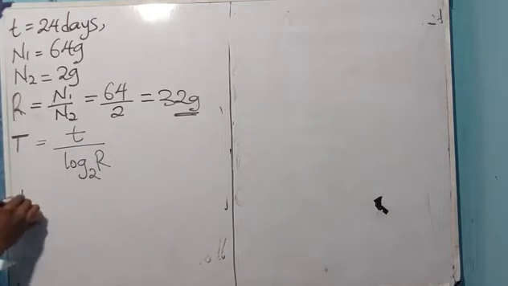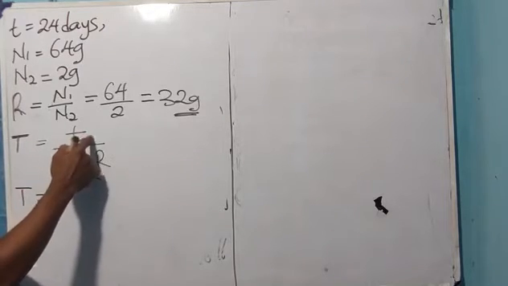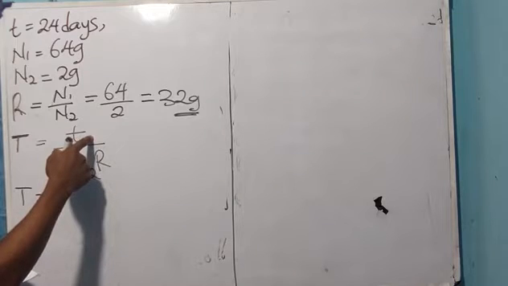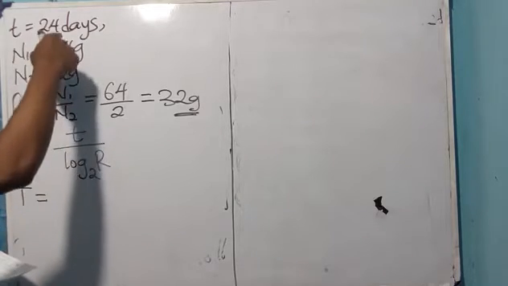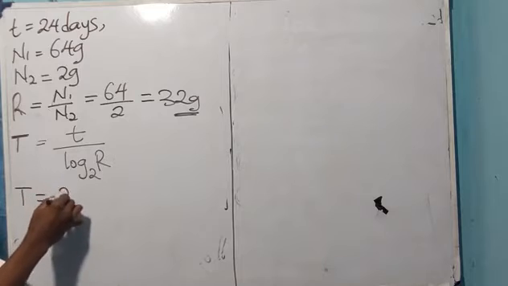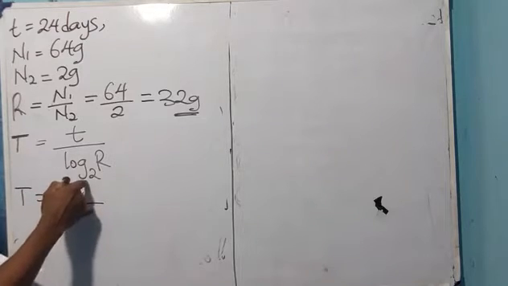Now this becomes t. Small letter t from the question was 24. So 24 over log 2.